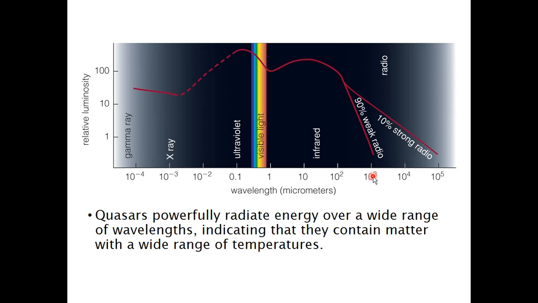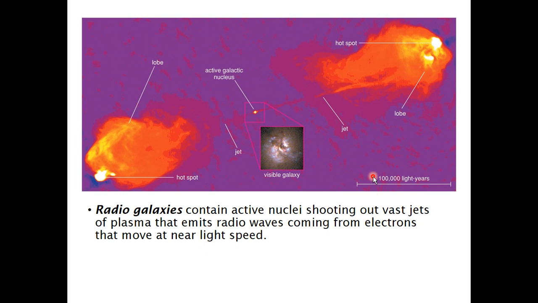And that's kind of unusual. We kind of understand what stars look like and what molecular clouds look like. Having a broad spectrum like this is unusual. There's what are called radio galaxies, which put out lots of radio waves, and these radio waves tend to come from jets of plasma from electrons that are moving at very high speeds.